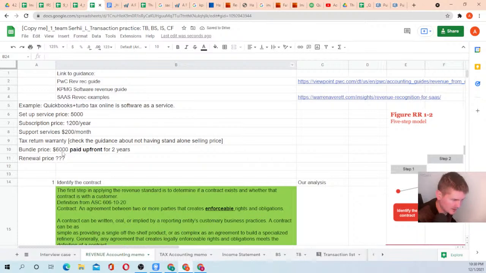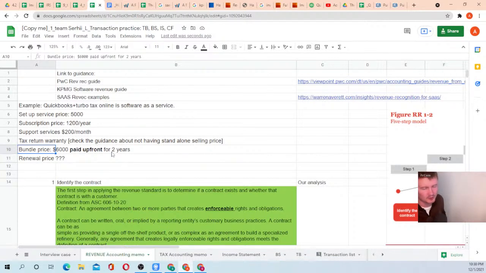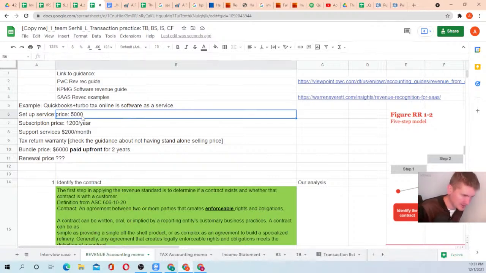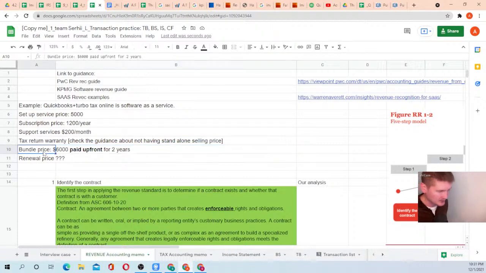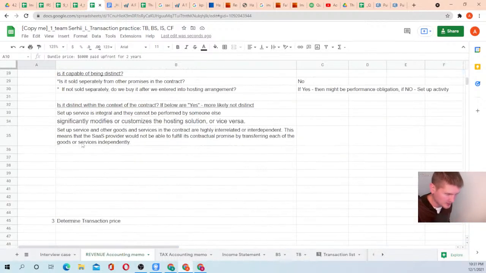Because you see, that is a 6,000 revenue for 2 years. And based on all we know about accrual basis, some of these 6,000 should be spread over 2 years. Now the setup service takes place on day 1 or month 1, and by value it should take a significant part of these 6,000. So management may be interested in recognizing the revenue as early as possible, and that's why we are asking that question.